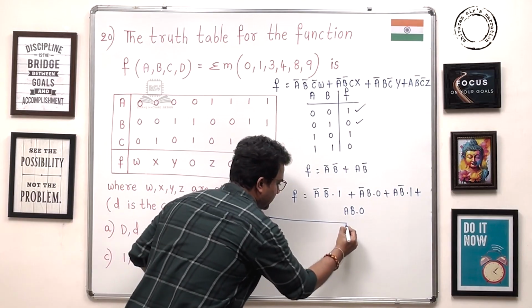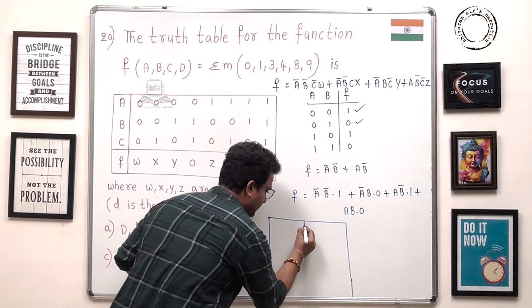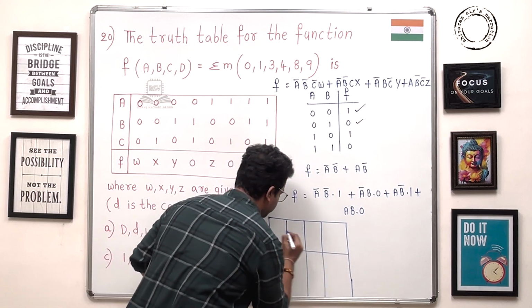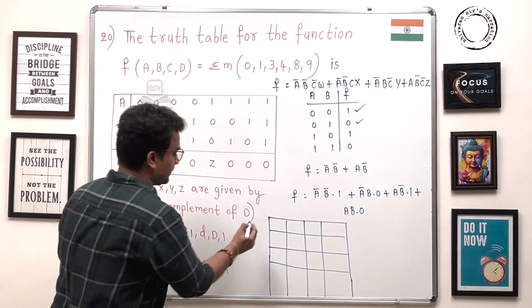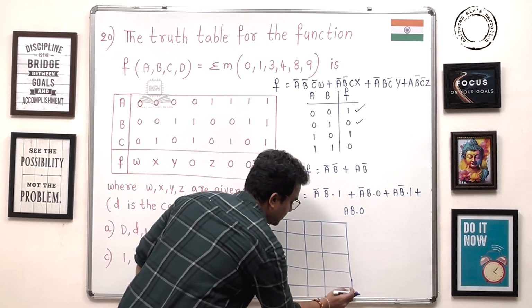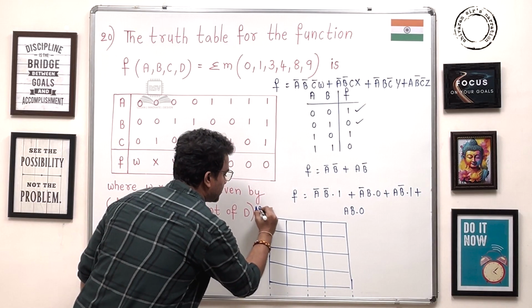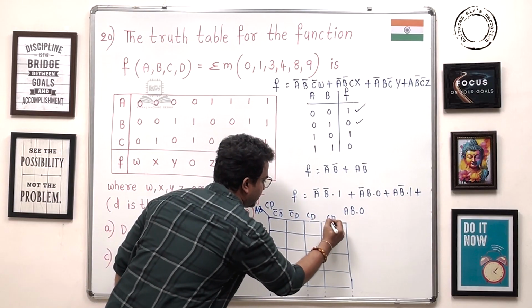Now, it is a 4 variable K-map. Therefore, it looks in this way, where we have a, b, c, d. Therefore, it is like this: a, b, c, d. C bar d bar, c bar d, c d, c d bar.